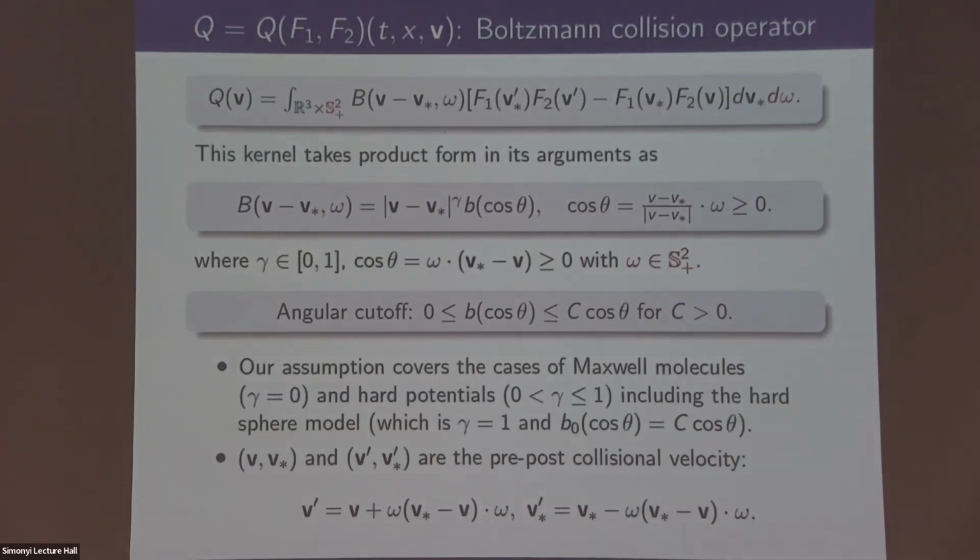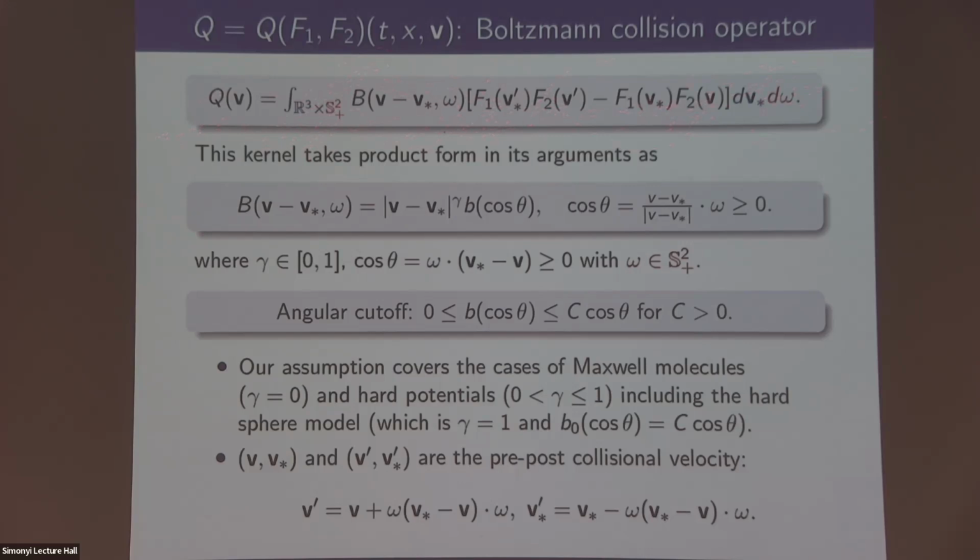Okay, so I'll tell you about the Boltzmann collision operator. Q is a function of f1 and f2, and also of t, x and v. It's a non-local operator in the velocity variables, and local in everything else. You integrate over R3 in v star, and over S2 in the omega variable, with this kernel, and then you have f of v prime star times f of v prime minus f of v star times f of v.